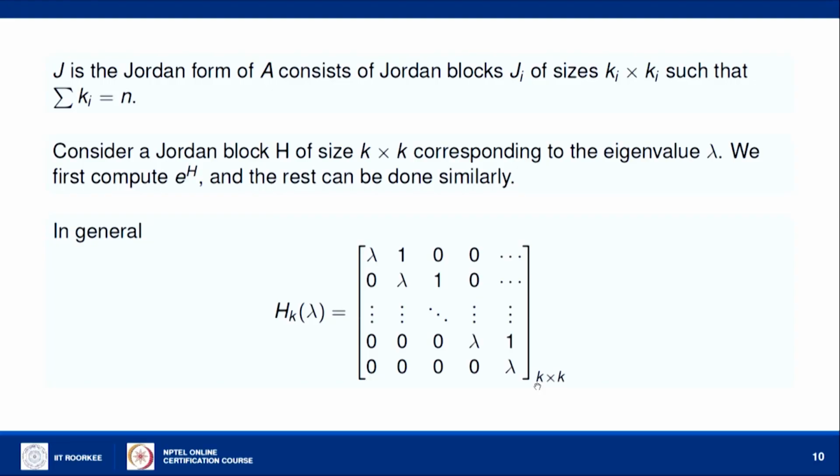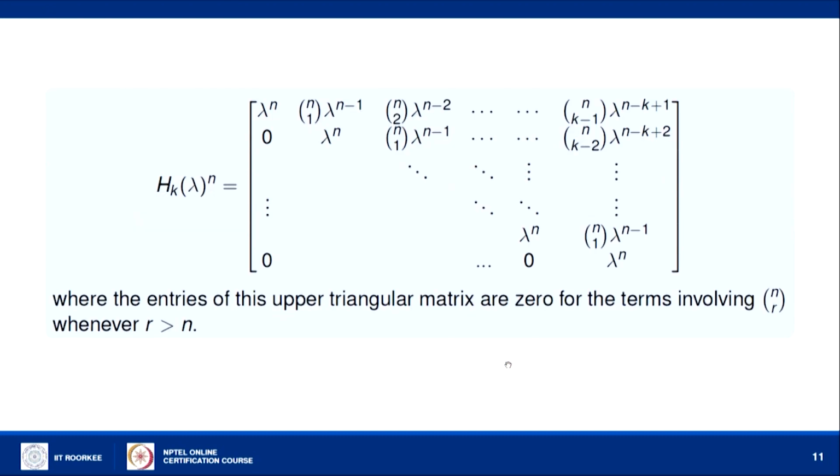So, in general, if I am having a Jordan block of size k by k having diagonal entries lambda, then the power n of the Jordan block is given by lambda raised to power n as the first diagonal entry, then nC1 lambda raised to power n minus 1, nC2 lambda raised to power n minus 2 and so on, then 0, lambda raised to power n, nC1 and so on, and in this way.